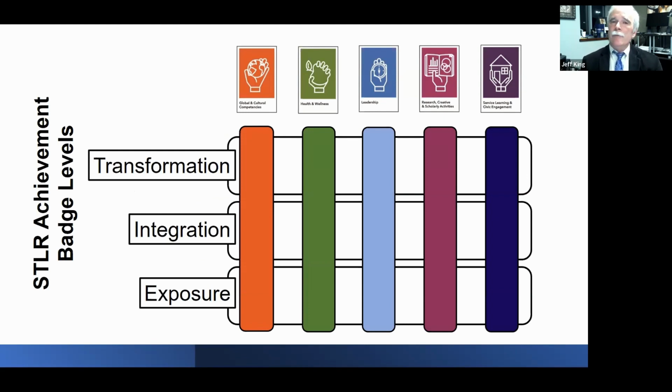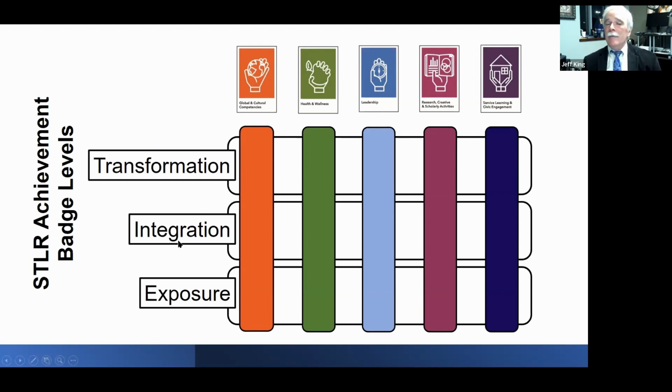The lowest level we just happen to call exposure because we know it means that the student has been exposed, for example, to a concept in leadership, but there hasn't been any evidence that the student has shown yet that the student is beginning to understand how leadership impacts her individually.